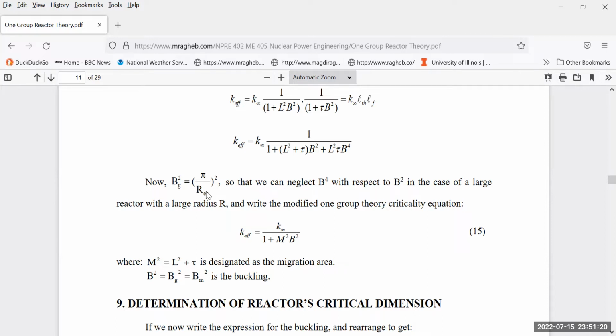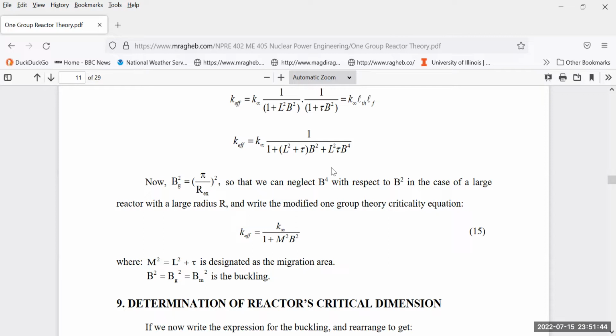But if you have a large reactor, you take the radius here like 200 centimeters maybe squared. So that term here, the B to the fourth power, can be neglected relative to the B squared.